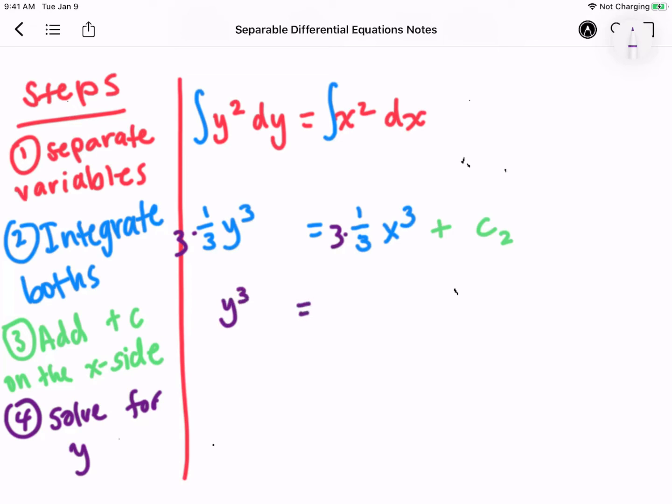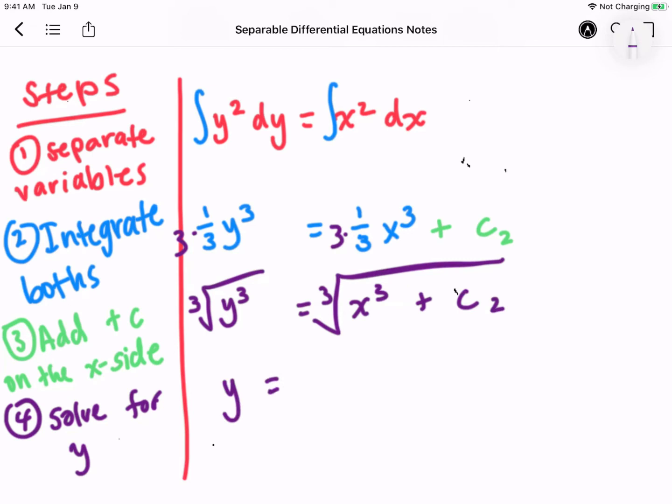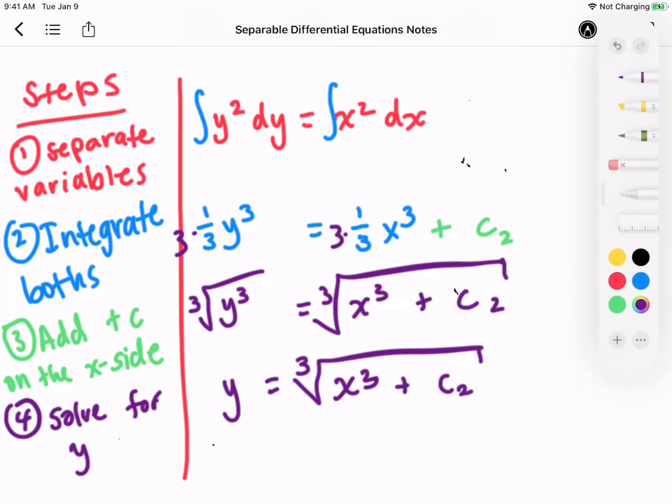I get y cubed equals x cubed plus c2. And then I will take the cube root to cancel out the cube power. So this becomes y equals the cube root of x cubed plus c2. Or, I actually don't need this 2. This is just a constant, plus c. There we go.